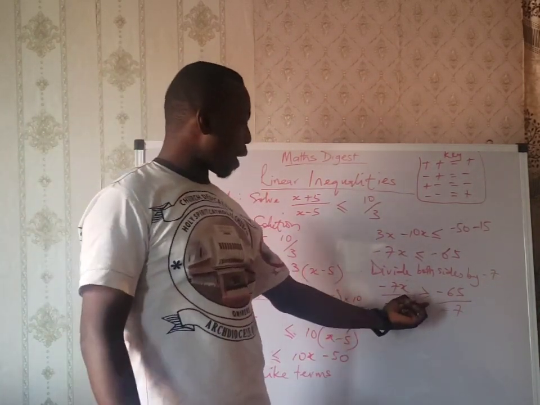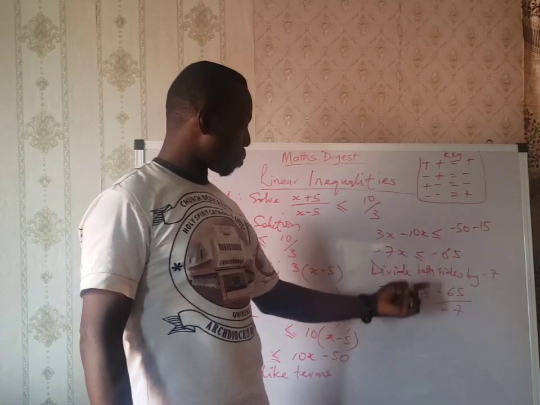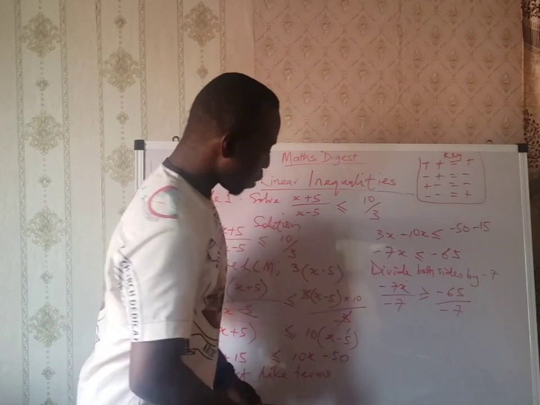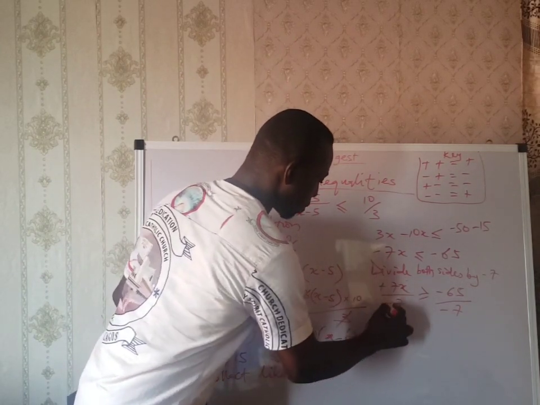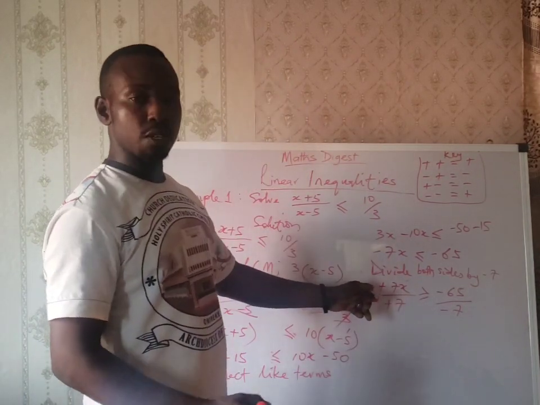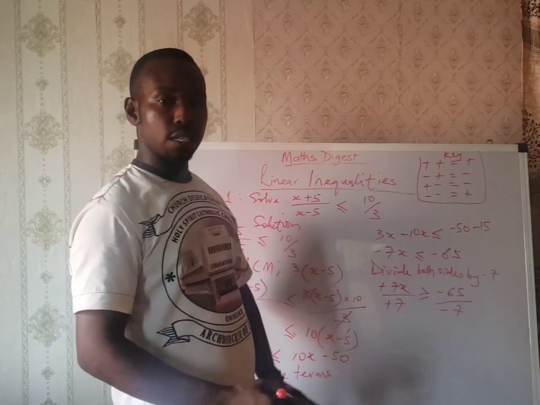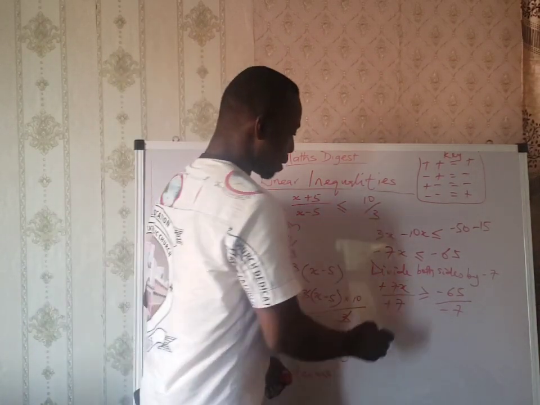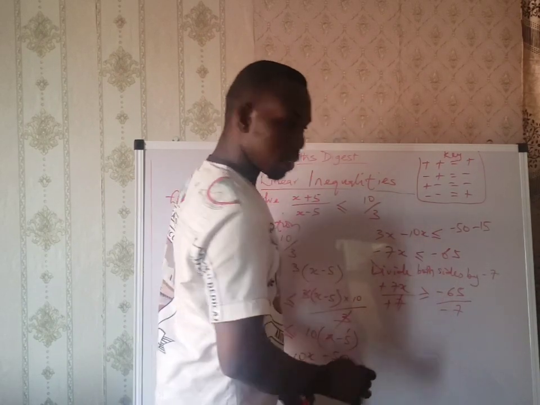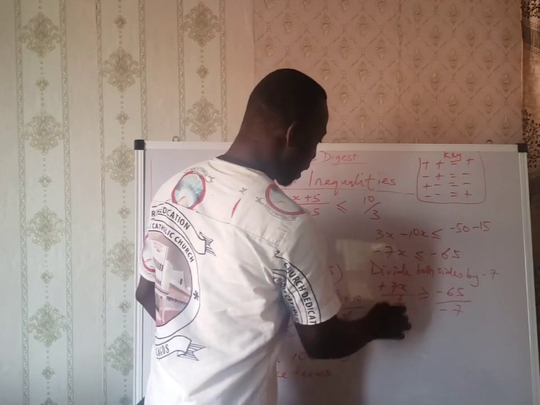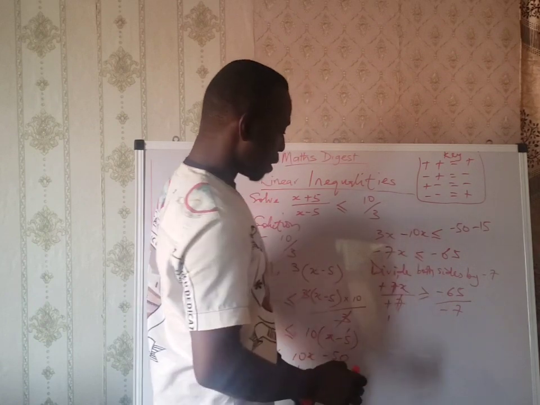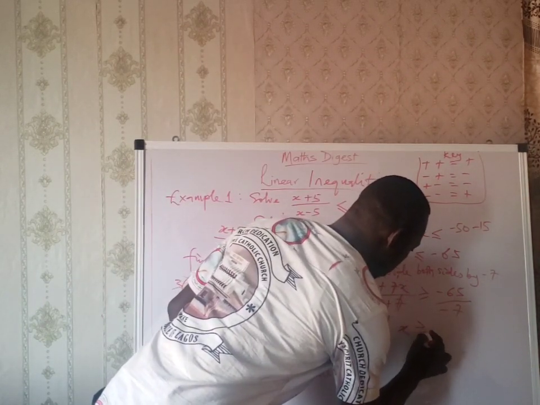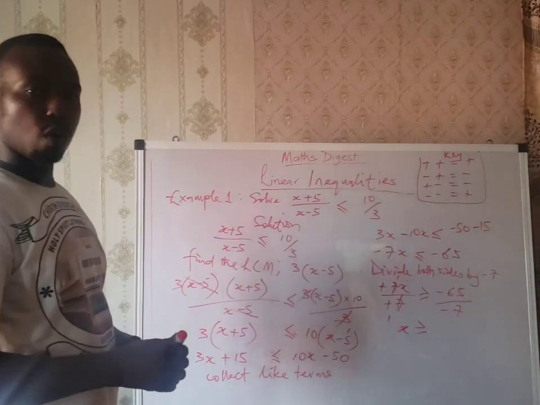So that is exactly why this changed from this to this. Now, quickly we cancel out, because we have negative at the numerator and negative at the denominator. We cross it as plus. This 7 divided by itself is 1, and this 7 here is 1. What we have left here is x, which is greater than or equal to.